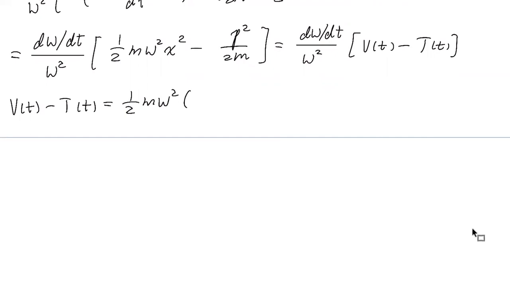If you solve the equation of motion, x is a sine omega t, squared. Let us choose the initial phase angle to be 0.